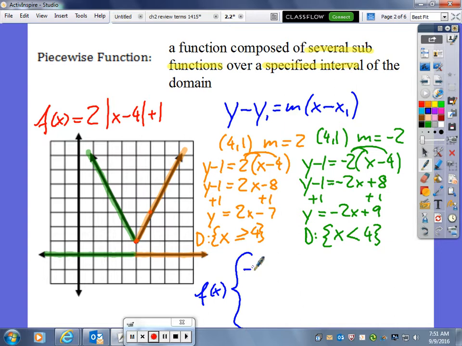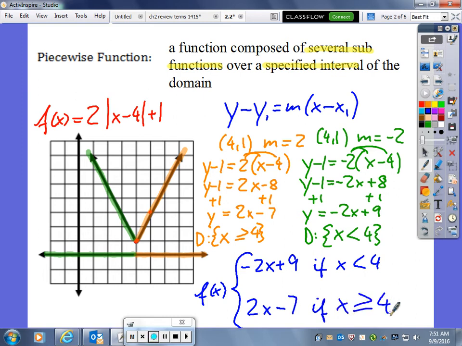In other words, negative 2x plus 9 if x is less than 4, and 2x minus 7 if x is greater than or equal to 4. And there is your first piecewise function.